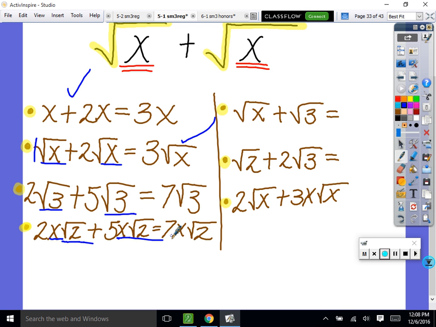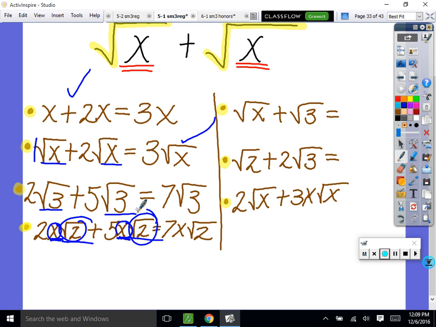Yes. So 7x square roots of 2. x and x are like terms, so we can combine them. You wouldn't be able to combine them unless this part is the same and this part.